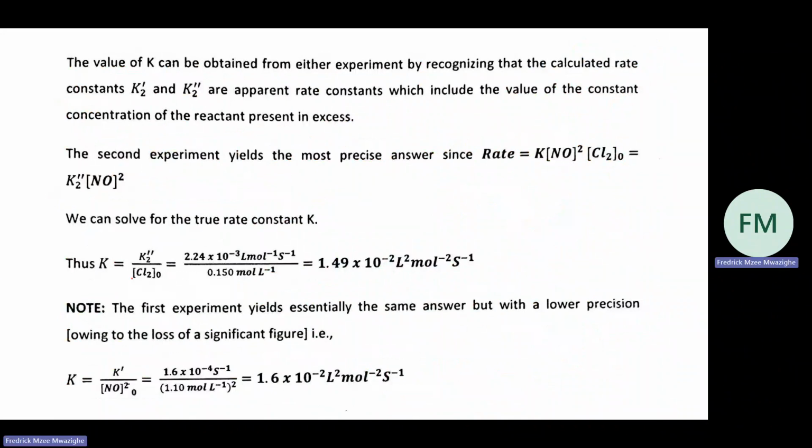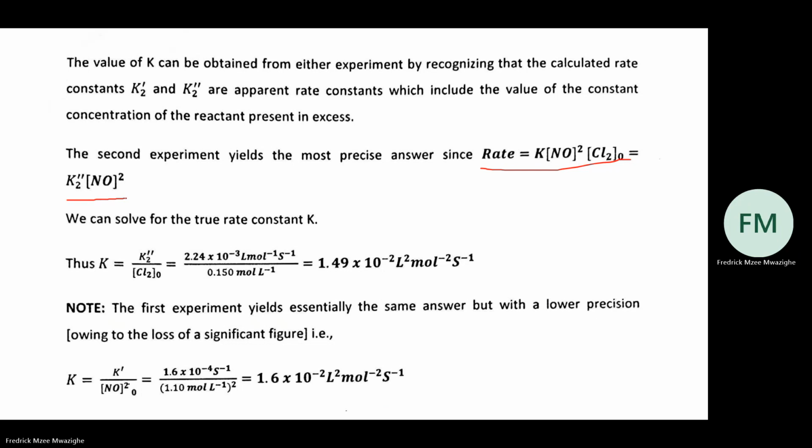So for that second experiment, as I've said, rate is given by this expression. Considering that the concentration of chlorine is constant, rate equals K2 double prime times the concentration of NO squared.